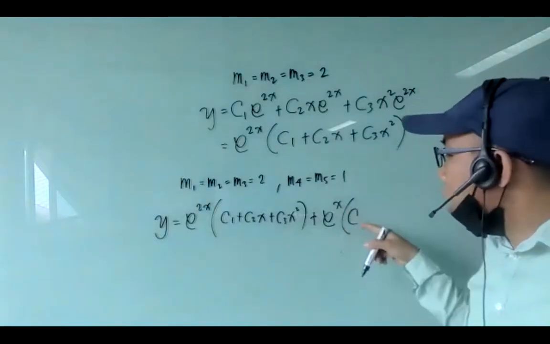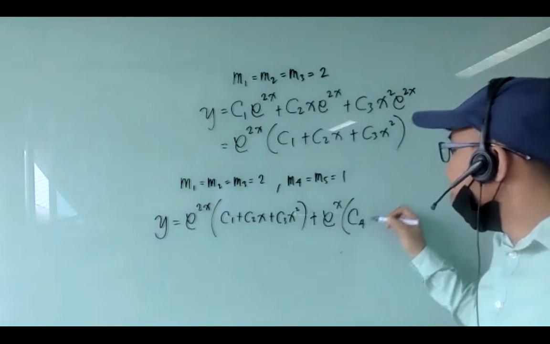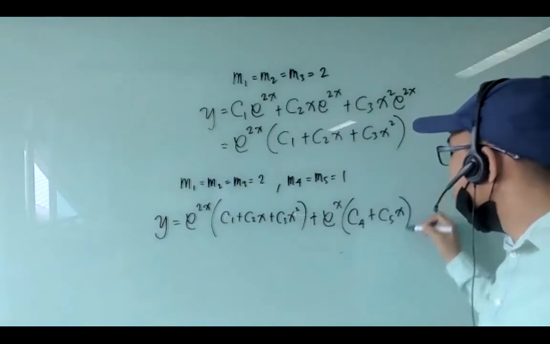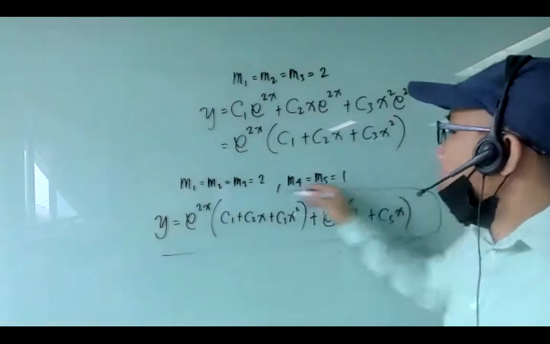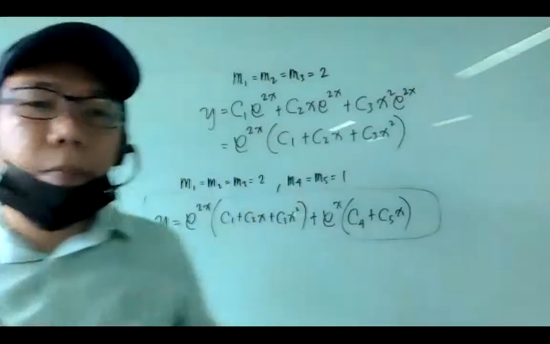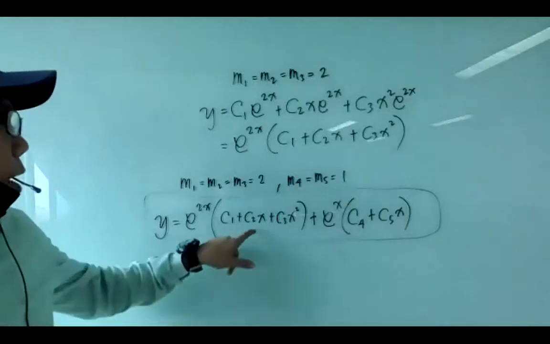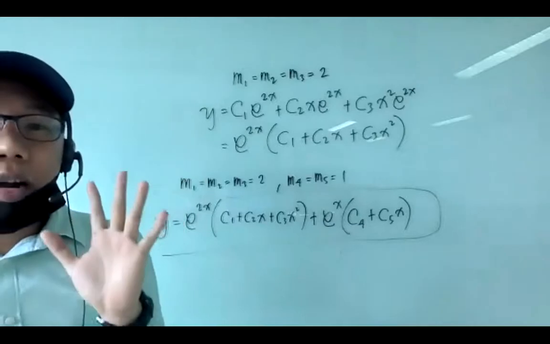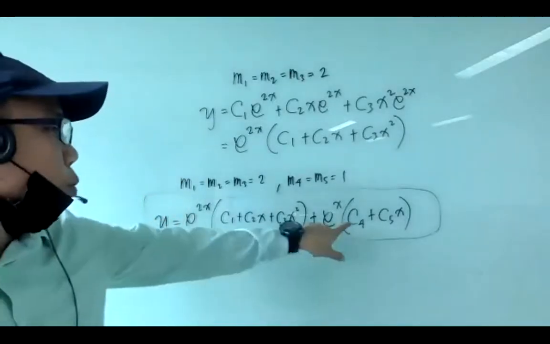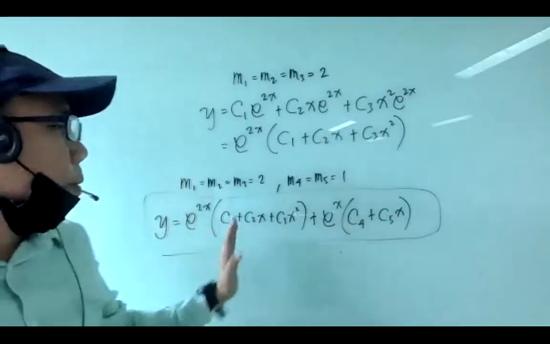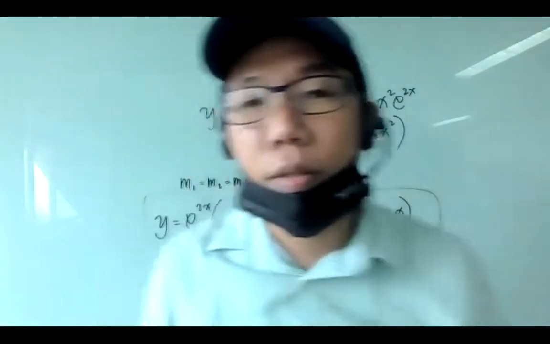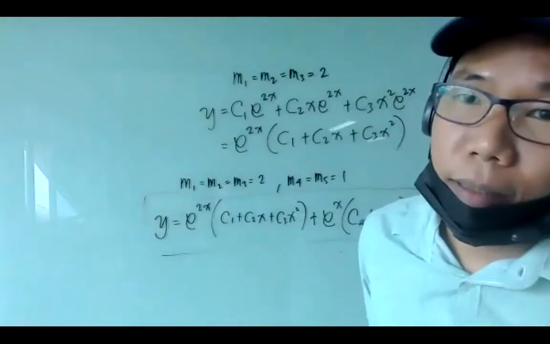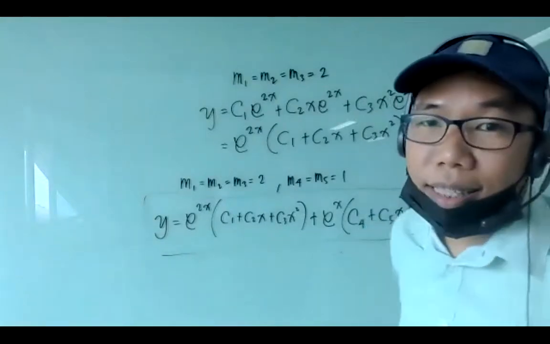So instead of c sub 1, you write c sub 4 plus c sub 5 x. Okay? Nakuha nyo na kung paano isusulat. Siyempre, 5 kasi yung roots, di ba? So 5 arbitrary constants. Hindi pwedeng c sub 1 ulit tsaka c sub 2. So mag-continue lang yung subscript. Okay na? Nasundan?